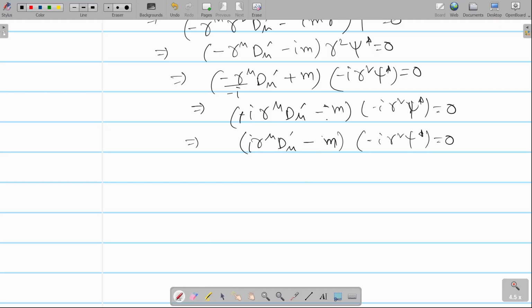So you can see the spinor that satisfies this equation is given by minus i gamma 2 psi star, right? And this operator is for the antiparticle. As a result, we can safely say that this modified spinor is the charge conjugated spinor of the antiparticle. And so we use minus i gamma 2 to charge conjugate the Dirac spinor.